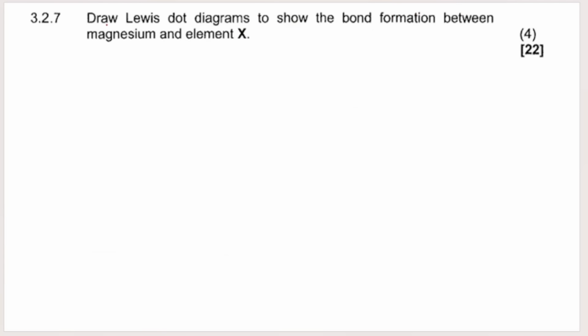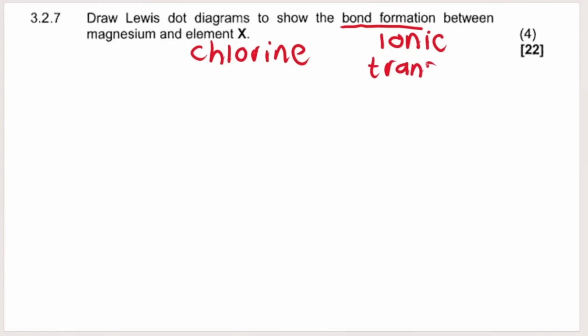Our next question says draw Lewis dot diagrams to show the bond formation between magnesium and element X, which is chlorine. Now we know that it's an ionic bond, which means that there's a transfer of electrons. And we know when we do ionic bonds, we're going to see brackets, we're going to see charges in our final answer.